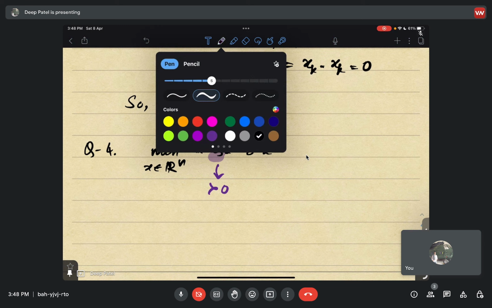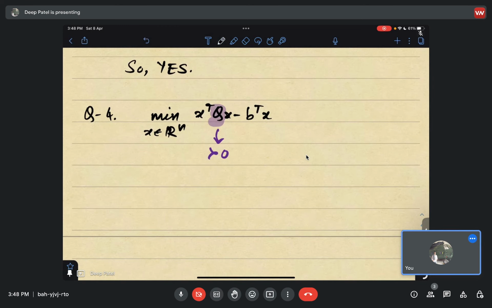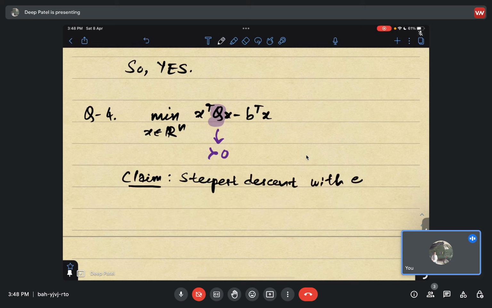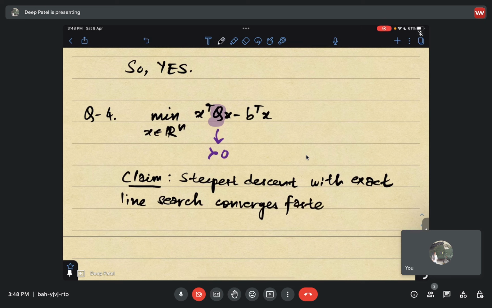The claim is the steepest descent method with exact line search converges faster if the condition number of Q is close to 1.